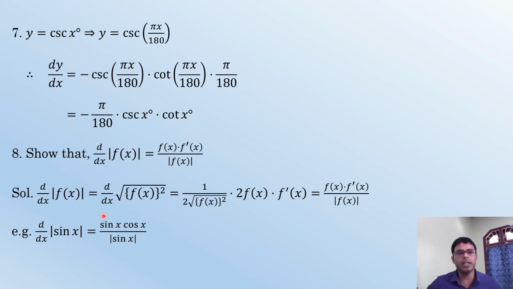Now you see this function, mod of sin x, is not differentiable at the points where sin x is equal to 0, and we all know sin x is equal to 0 when x is 0, pi, 2 pi, 3 pi, minus 2 pi, and so on. That means when x is n pi, where n is an integer, at those points the function is not differentiable.